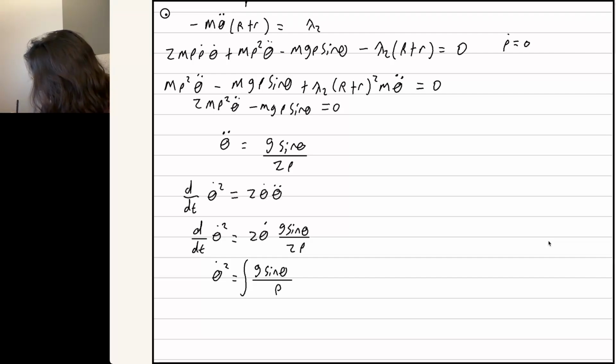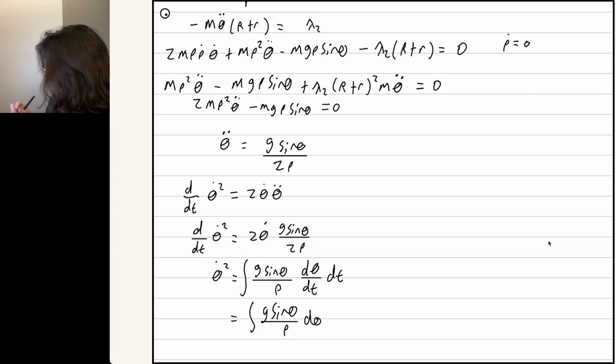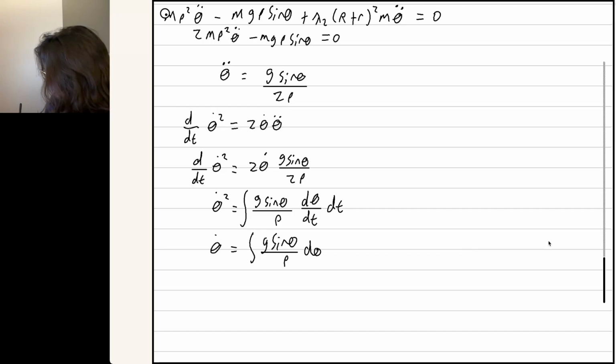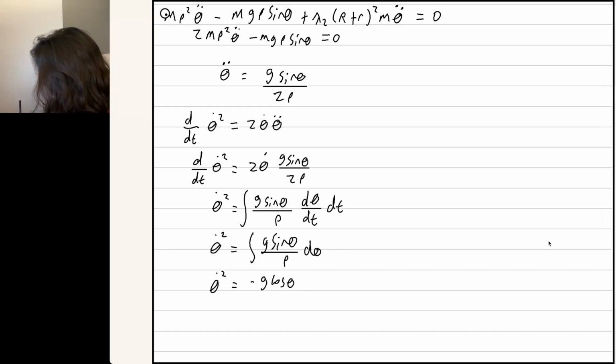Theta dot is just d theta dt, so you're doing d theta dt times dt, and those dt's will cancel out, so you just have g sine theta over rho d theta, which isn't too bad of an integral. So theta dot squared is just minus g cosine theta over rho plus some integration constant.